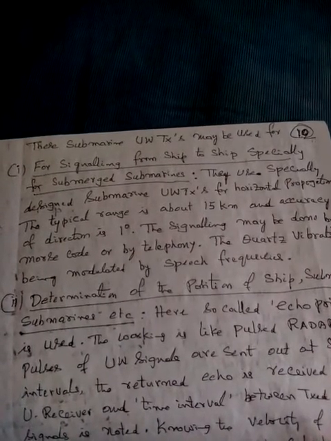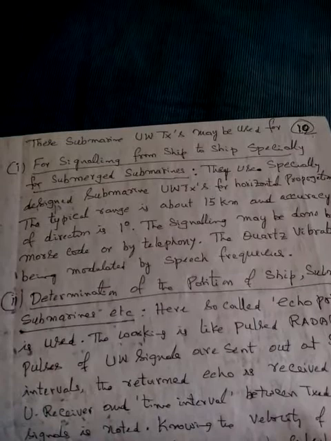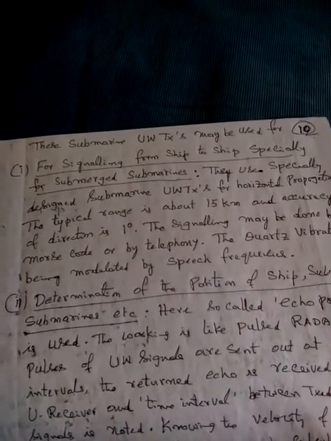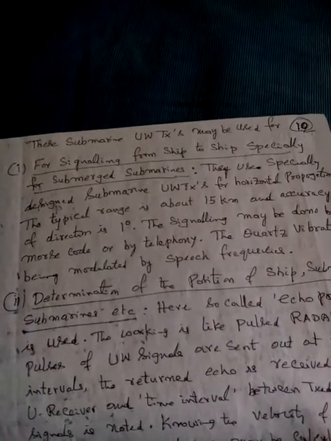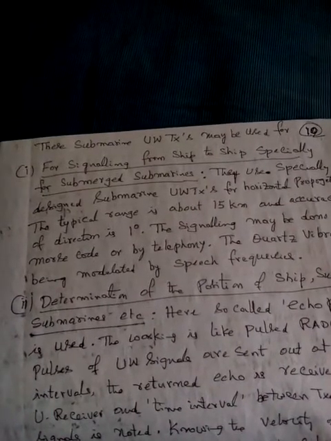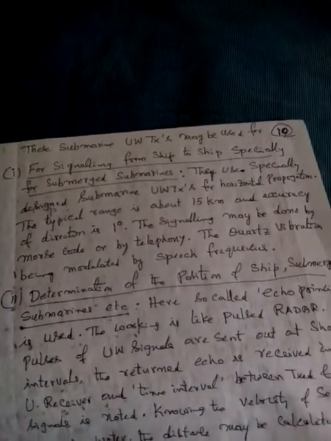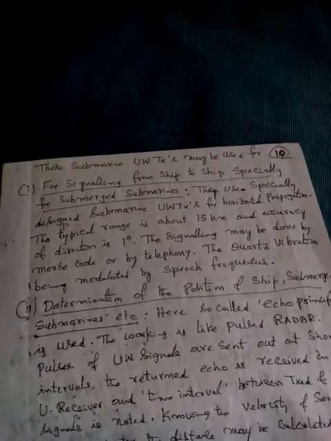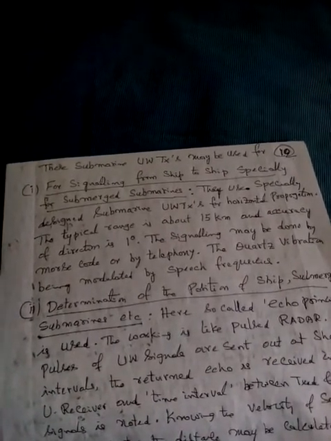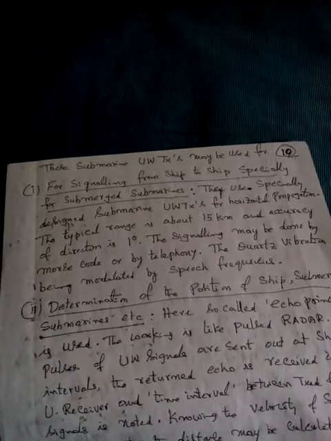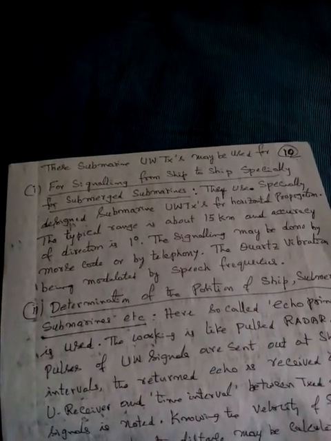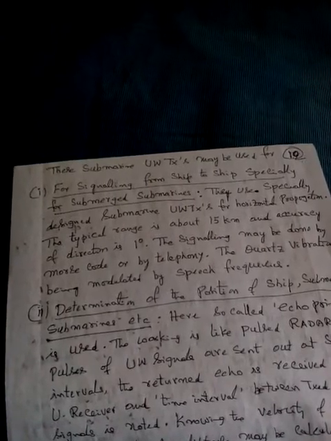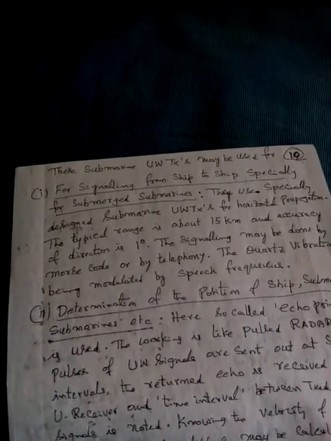Signaling may be done by Morse code or by telephony, with the quartz vibration being modulated by speech frequencies. That is what is sound signaling. The ultrasonic wave produces ultrasonic vibrations which are modulated by speech frequencies, so the sound signal is sent from ship to ship.